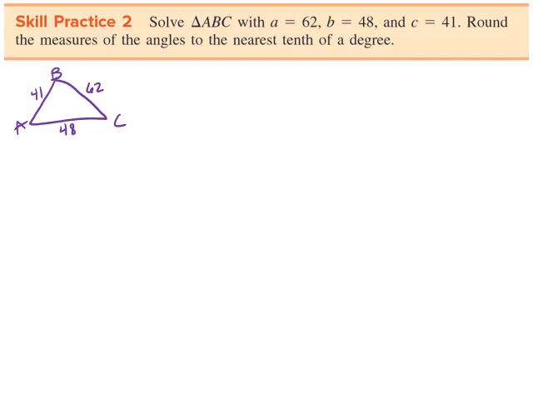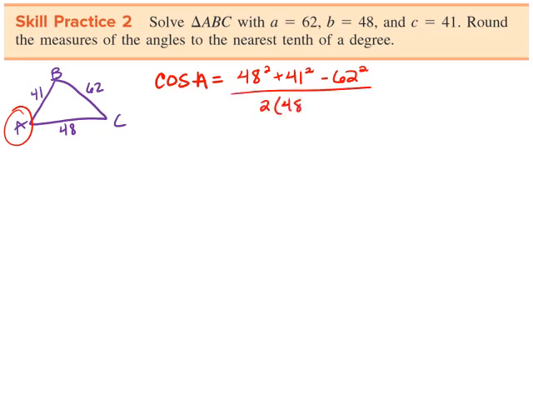When I am solving this, I always want to find the largest angle first. The largest angle first is found by using the law of cosines. So applying that law, the formula is cosine of A is equal to 48 squared plus 41 squared minus 62 squared, all divided by 2 times 48 times 41.